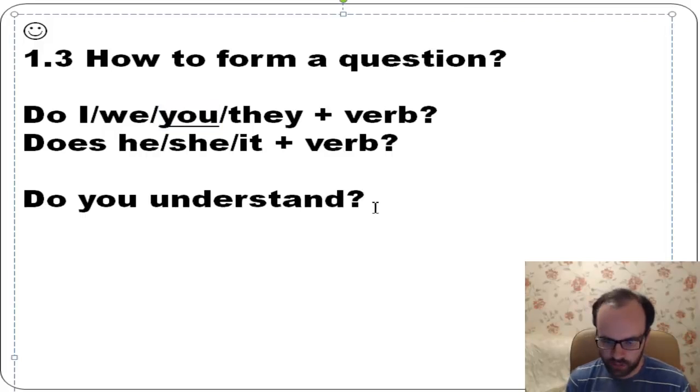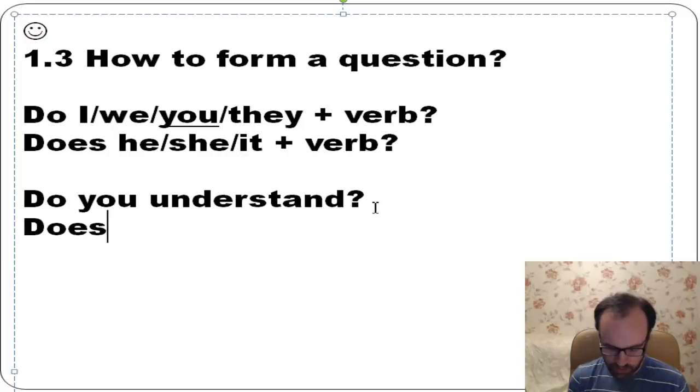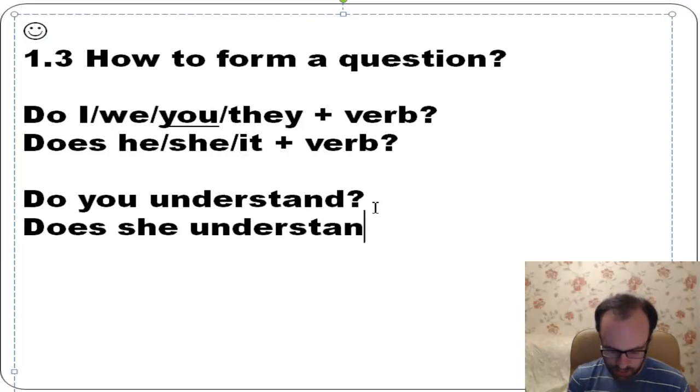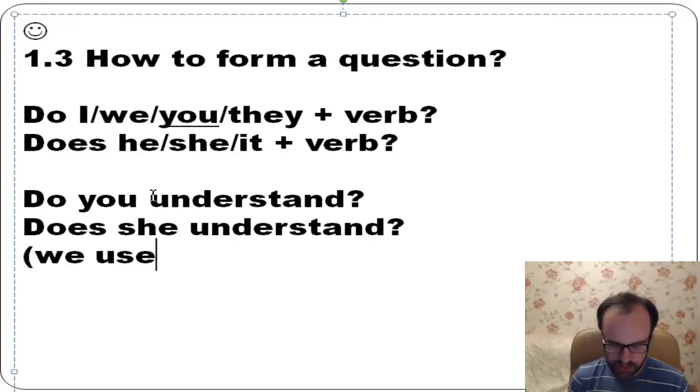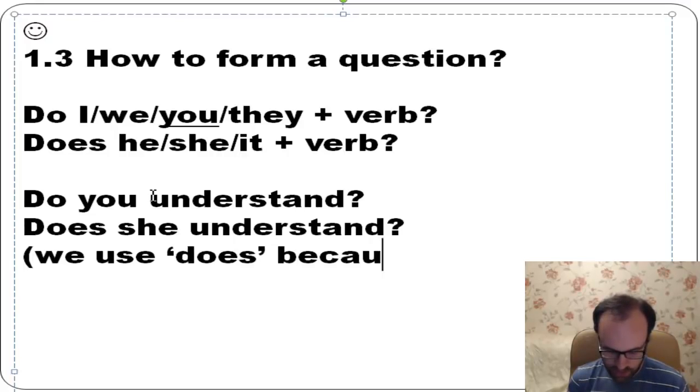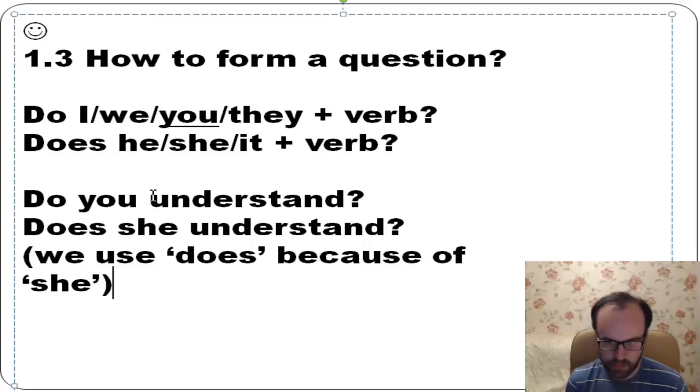Understand is a verb. Does she understand? So we use does because of she.